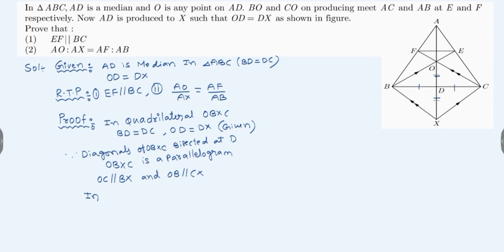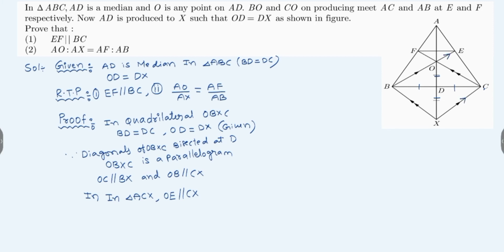Now take the triangle ACX. In triangle ACX, we know OB is parallel to XC because OB is extended to E. When OB is parallel to XC, OE is also parallel to XC.